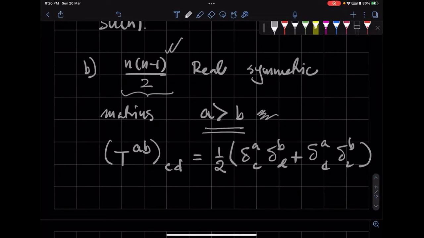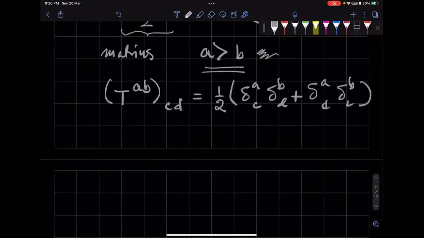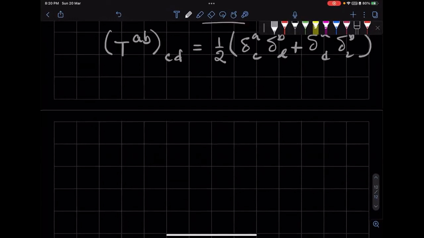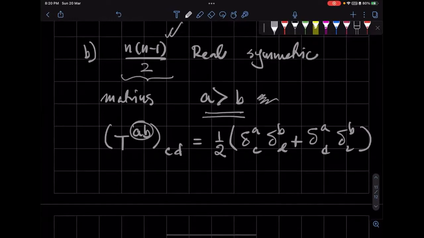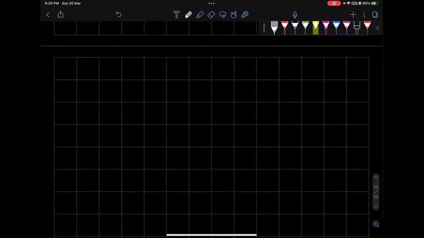So let me show you how we do this. So suppose that a and b themselves, so these are labels, right? But the labels we can form a matrix out of them in principle. Say a goes this way, b goes this way. So this will be an n by n matrix, right?